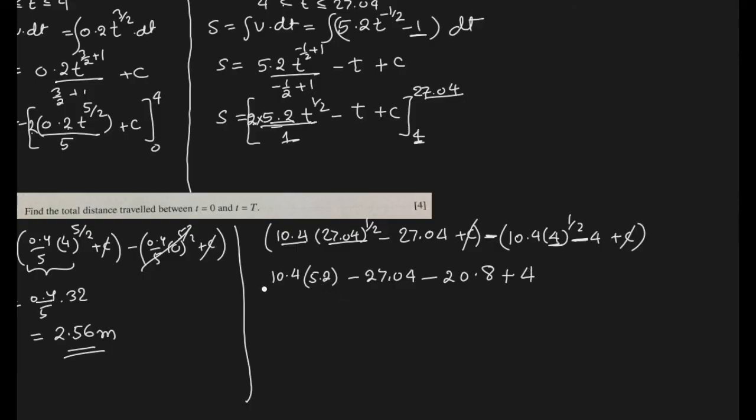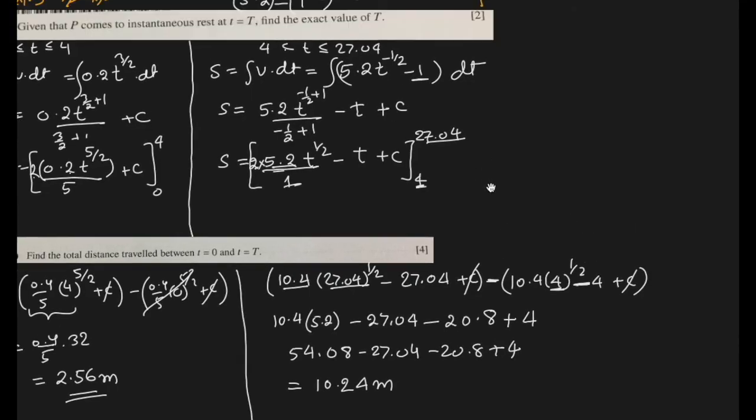Okay, so this will be 54.08 minus 27.04 minus 20.8 plus 4. Use your calculator to find this. What I'm getting is 10.24 meters.